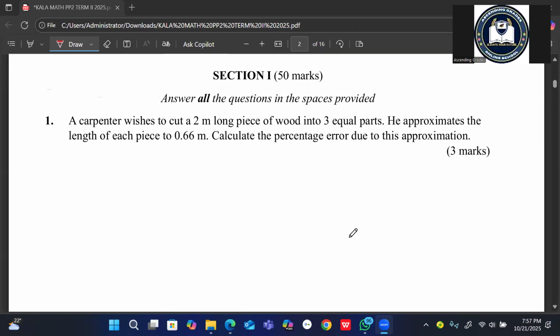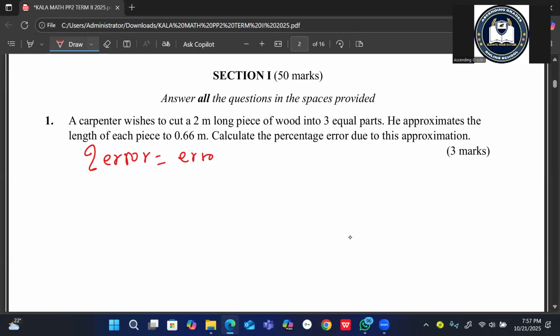So percentage error is obtained by error over actual, multiplied by 100%.